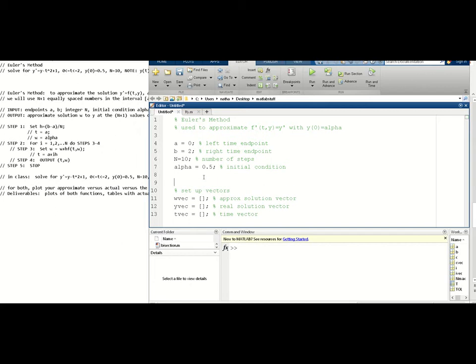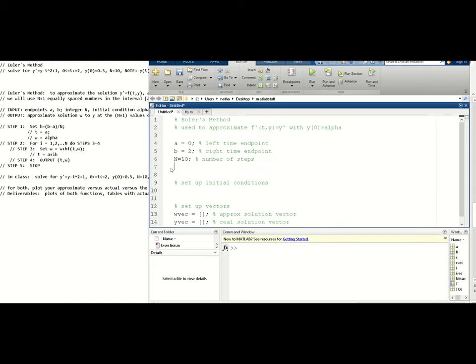So cool. Above that we want to go ahead and set up our initial conditions. So, oh, and it wants to put alpha in here. I'm okay with that. So let's put alpha in there.